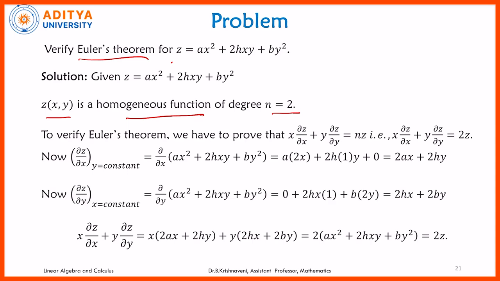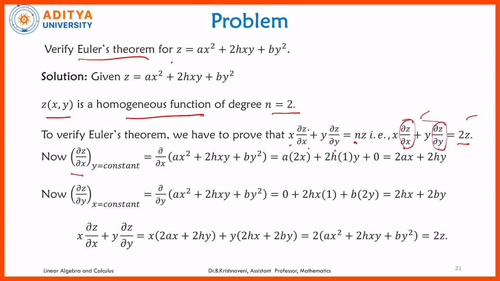Now, in order to verify Euler's theorem, what you have to prove is that x ∂z/∂x + y ∂z/∂y = nz. What is n? The degree. That means you have to show that x ∂z/∂x + y ∂z/∂y = 2z. To prove that LHS is equal to RHS, first we need ∂z/∂x and ∂z/∂y.